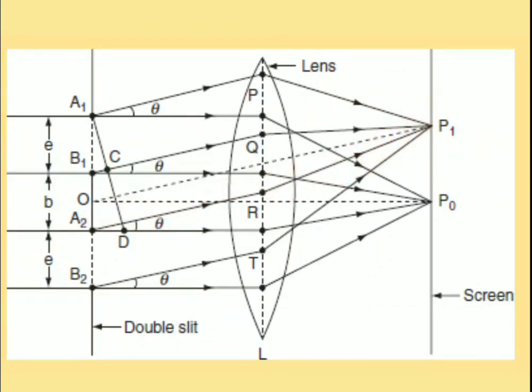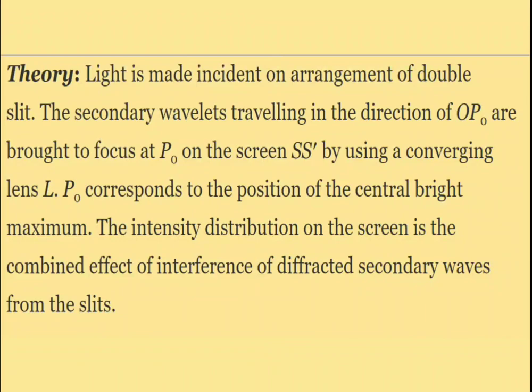Now to find the path difference between these two rays, that is A2D, we draw a perpendicular AD. From the triangle A1 A2 D we have to find the value of A2 D. For this purpose, the light is made incident on the arrangement of double slit.